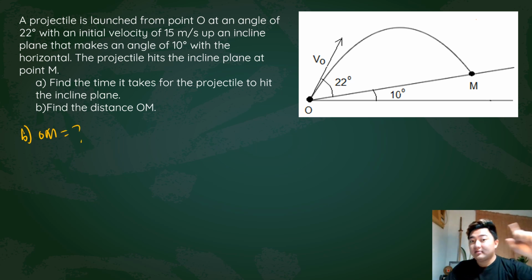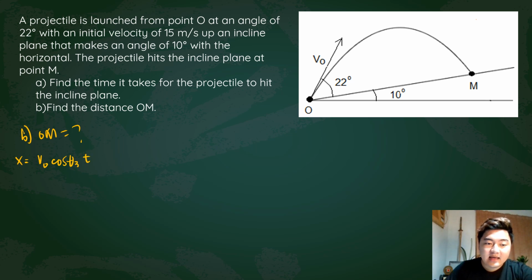Now if we recall the expressions that we have for x and y, we have x, which is equal to your initial velocity cosine angle times time. And your y is your initial velocity sine angle times time plus 1/2 gt squared. Okay?